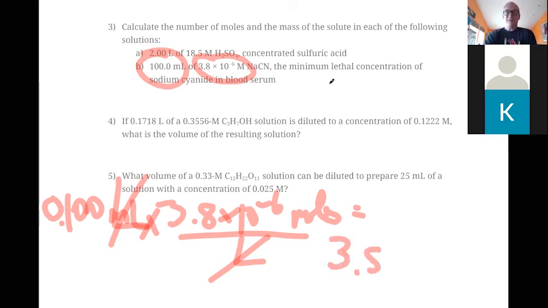So that's just 3.8 times 10 to the minus 7 moles, right? Yeah. So what's the molar mass of sodium cyanide? It's not very high. I got 1.9 times 10 to the negative 5. So what's the mass of sodium cyanide?